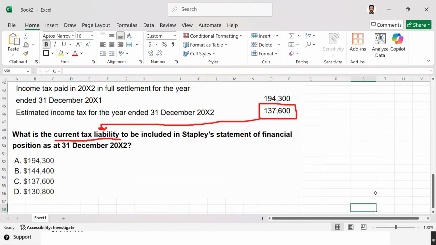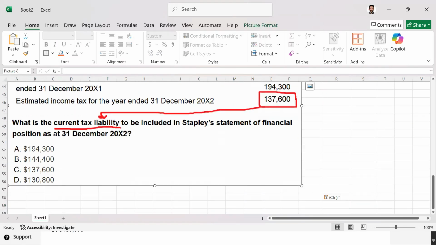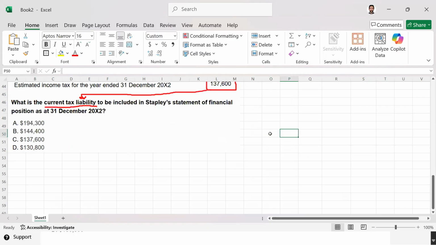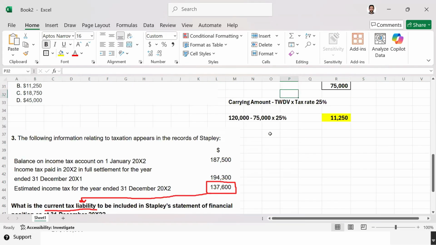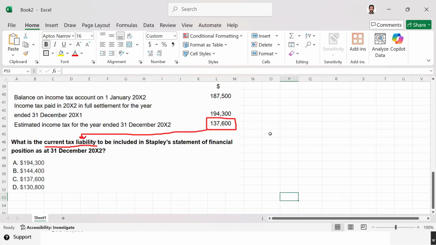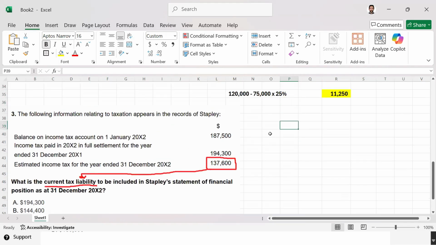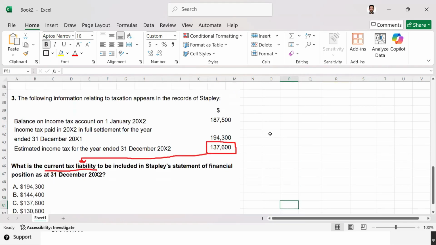We have this. The balance was 187,500. However, we had to pay a higher value.